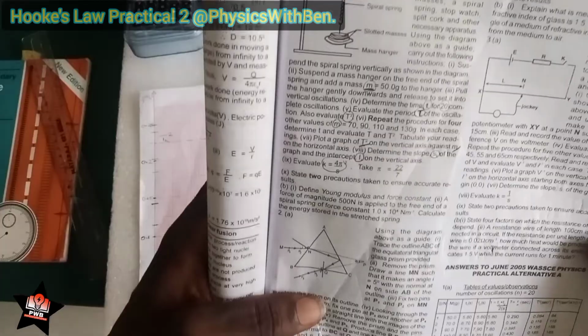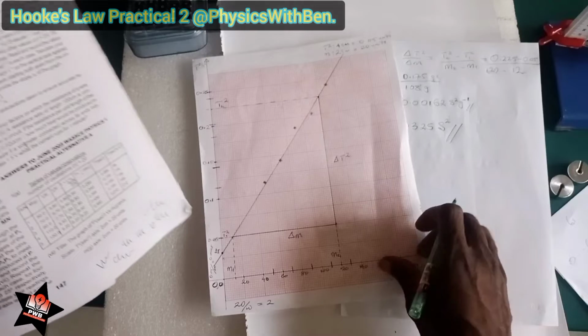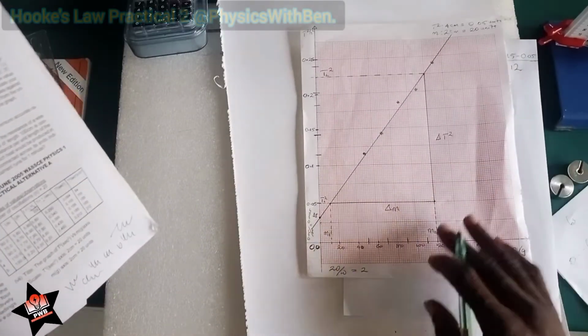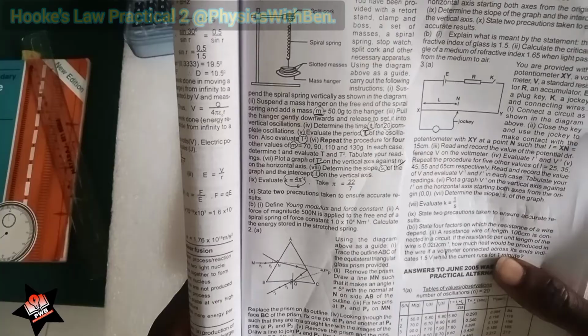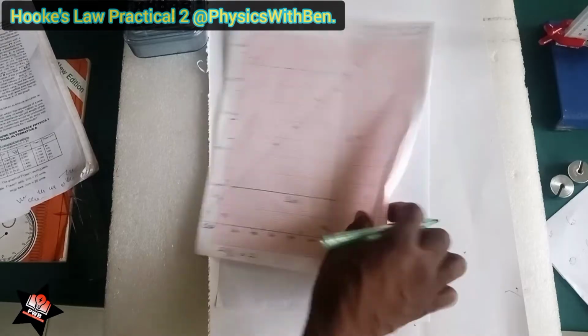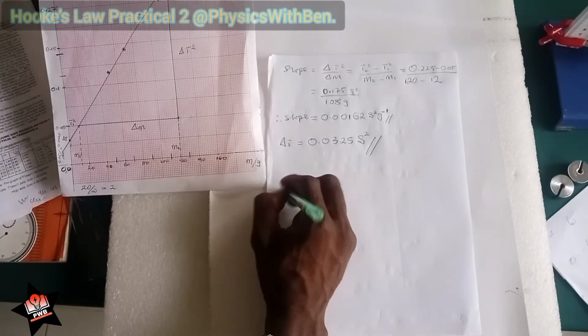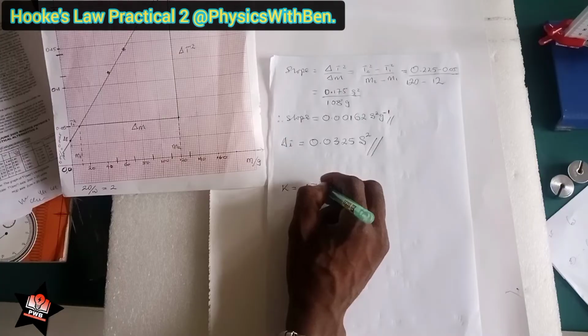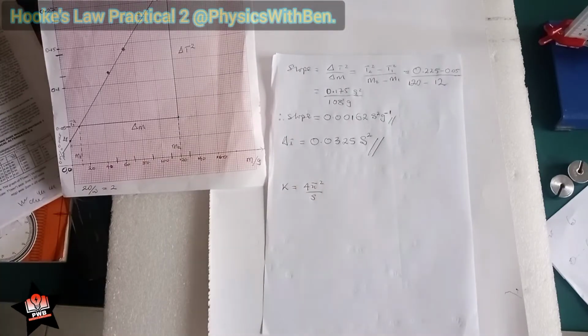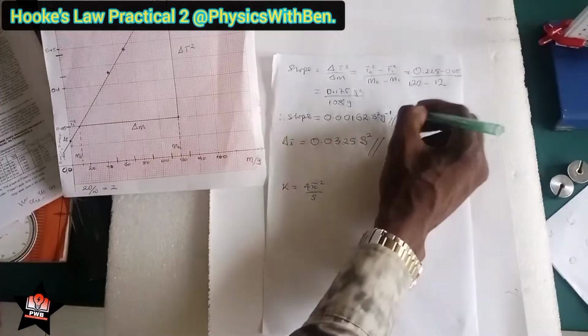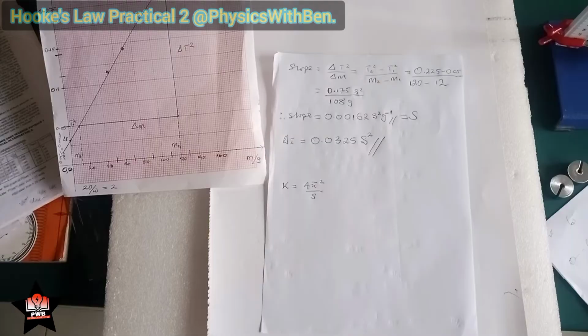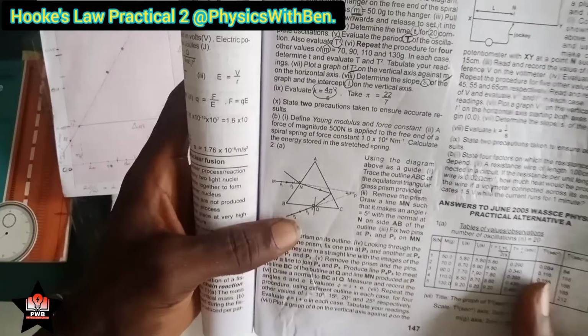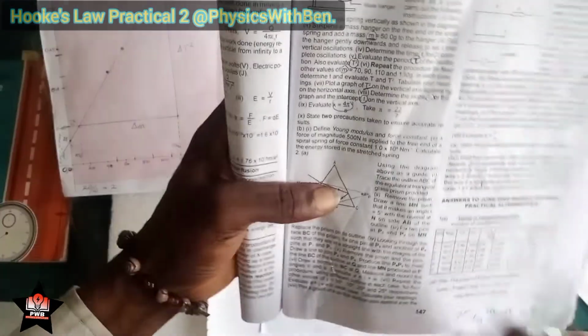So the next thing the examiners ask us to do is to evaluate. Take note, the intercept was said to be found on the vertical axis, and that was correctly done. The examiners ask us to evaluate K is equal to 4 pi square all over S, meaning all over this slope. And they ask us to take the value for pi to be 22 all over 7.